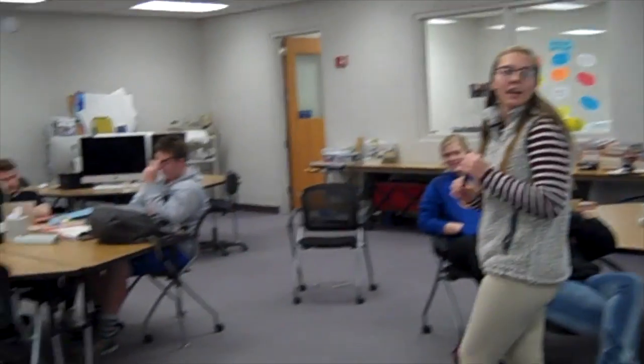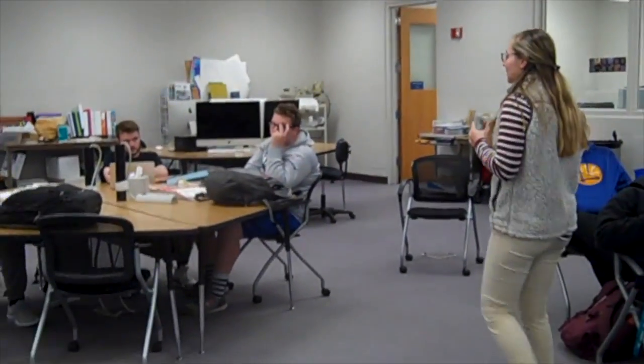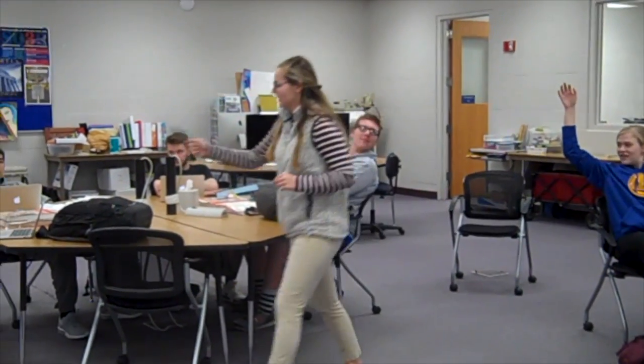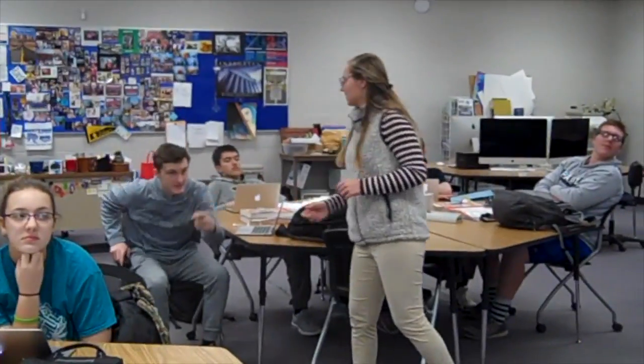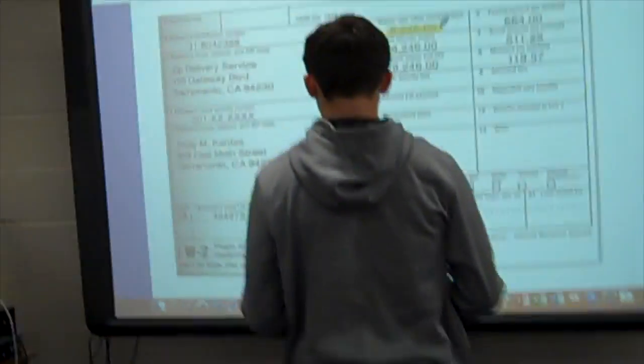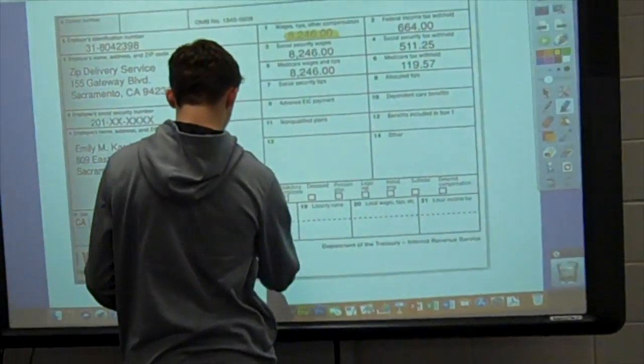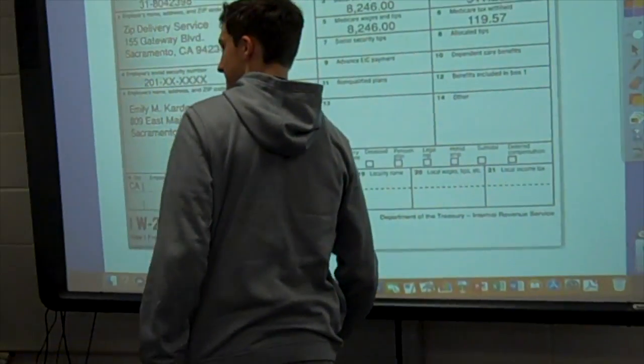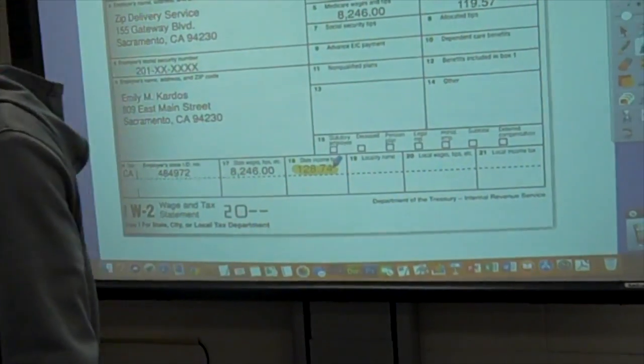Okay, now on here we have state income tax that is withheld. It tells us how much is withheld. Does someone want to go up and highlight where they think that might be? Very good.